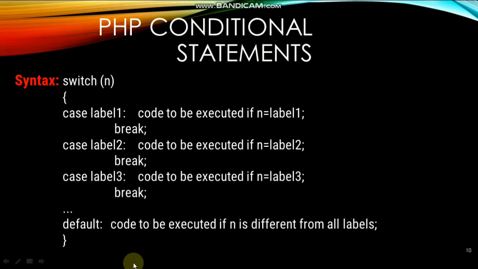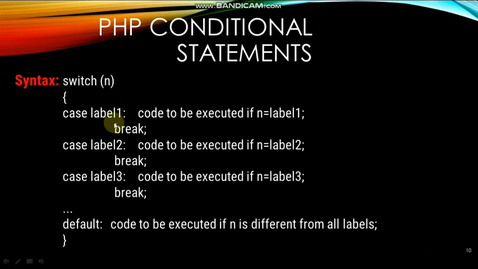so this is the syntax for switch statement. So switch n open bracket case label 1 colon code to be executed if n is equal to label 1, break, then case 2. So what will happen if a break occurs here is if the n value is getting true here in the first case itself. Okay, we will see it with an example.